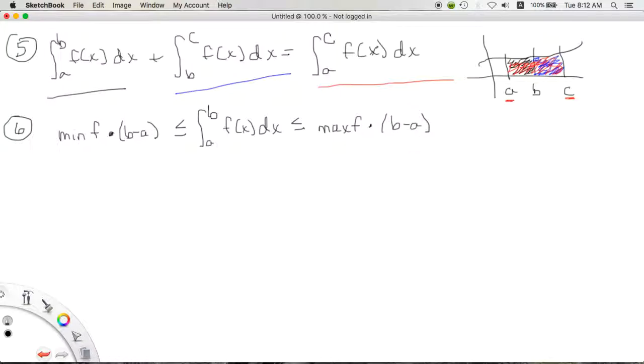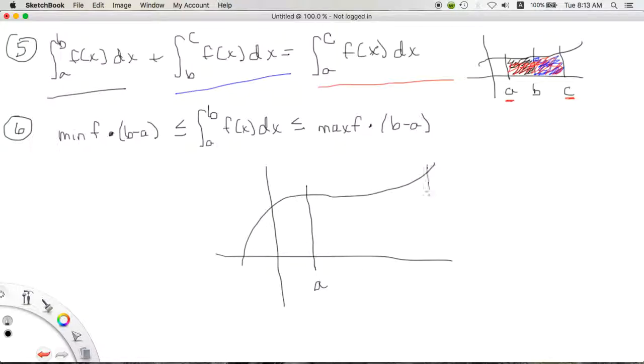Now, what in the world does that mean? Well, if you have a function and you have a and b, if you take this minimum function value in here, so that's about right here, and you multiply it times b minus a, well, what have you got? You've got the area of this rectangle right here, right?